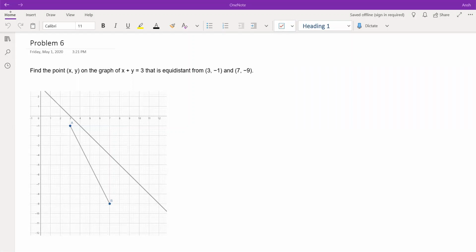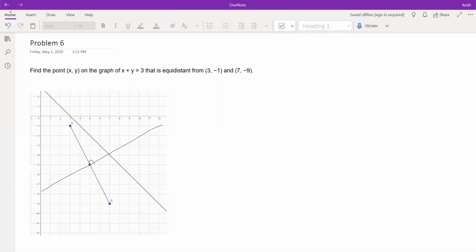But if you recall from some basic geometry, the points that are equidistant from the two endpoints of a line segment are the same as the perpendicular bisector of that line segment. Since we know it's perpendicular, we can apply our formula for perpendicular slope.